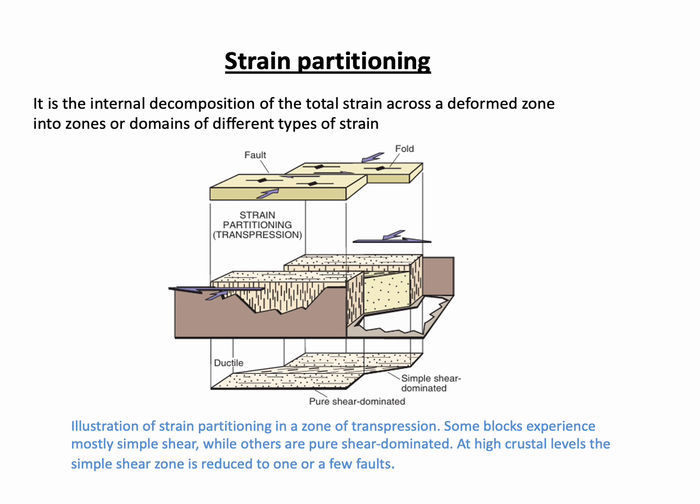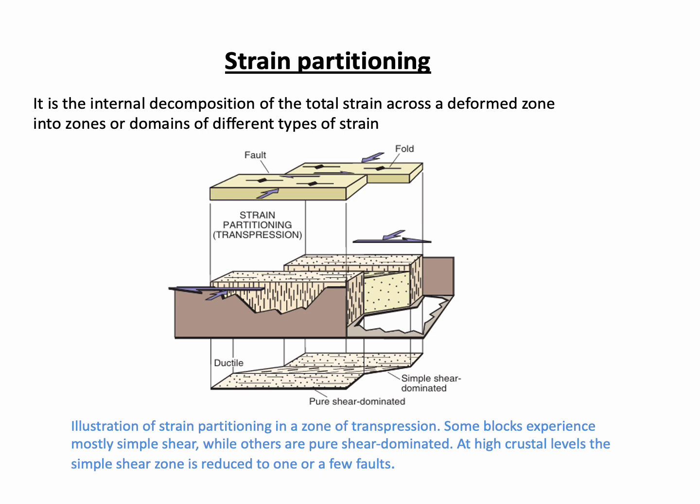Now, what is strain partitioning? Strain partitioning is an internal decomposition of the total strain across a deformed zone into zones or domains of different types of strain. It occurs when different components of the deformation are accommodated by separate structures due to oblique plate motion or variation in rock strength.